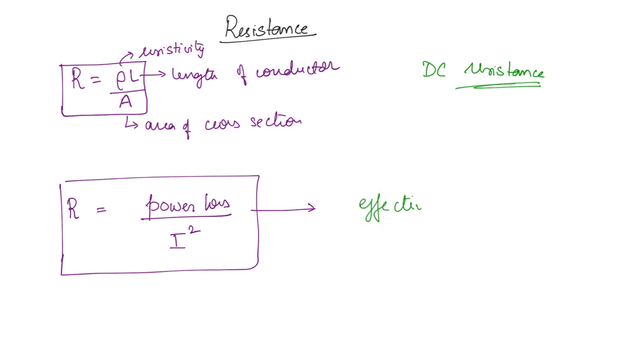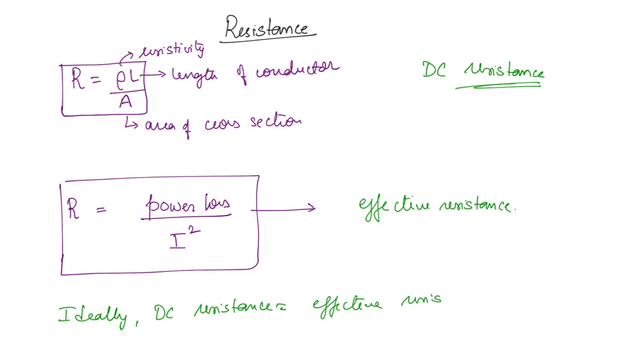The reason we differentiate between these two expressions is that ideally both are equal. DC resistance is equal to the AC effective resistance. Ideally DC resistance is equal to effective resistance.